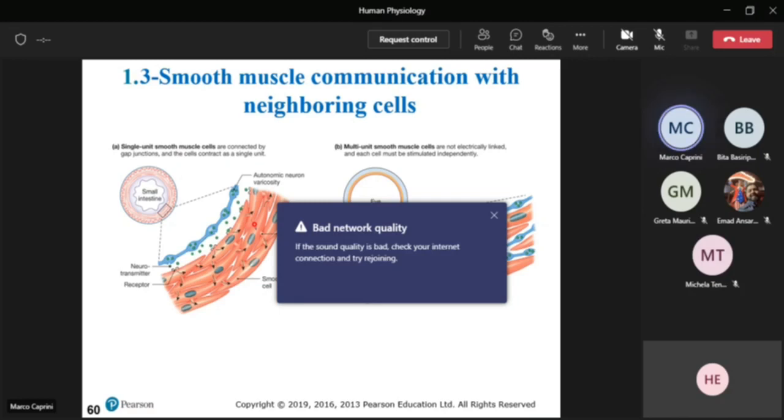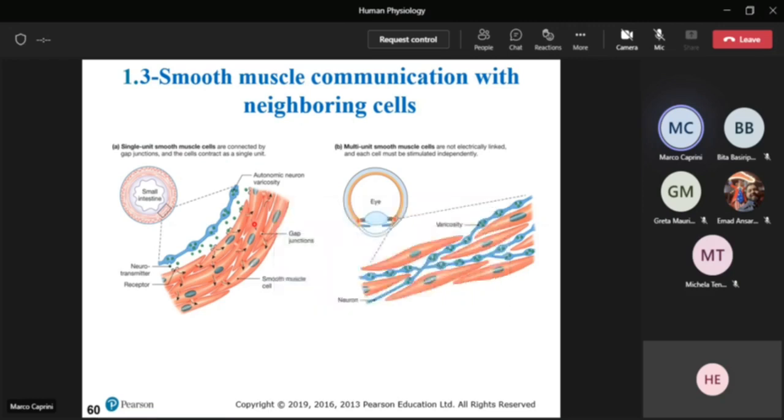In the smooth muscle, nature has built so many gap junctions here in the smooth muscle cells. And the physiological role is that the cell can contract as a single unit because all the cells are connected to each other.